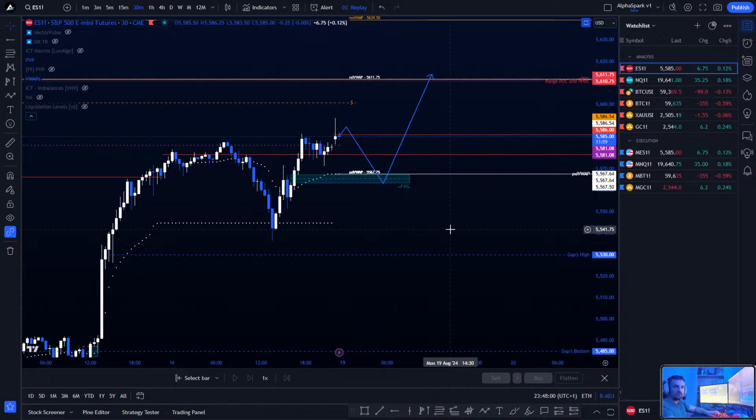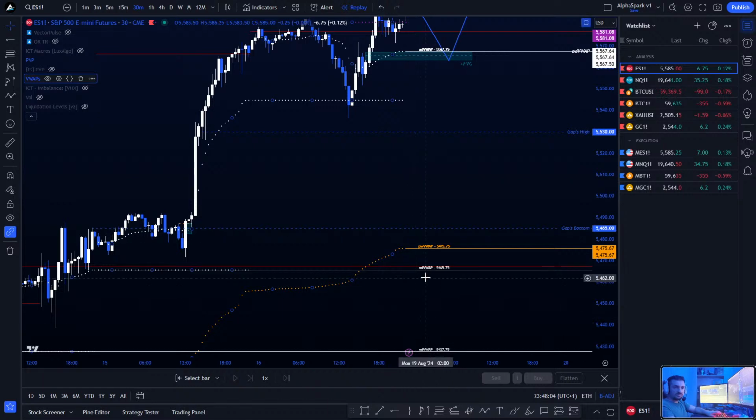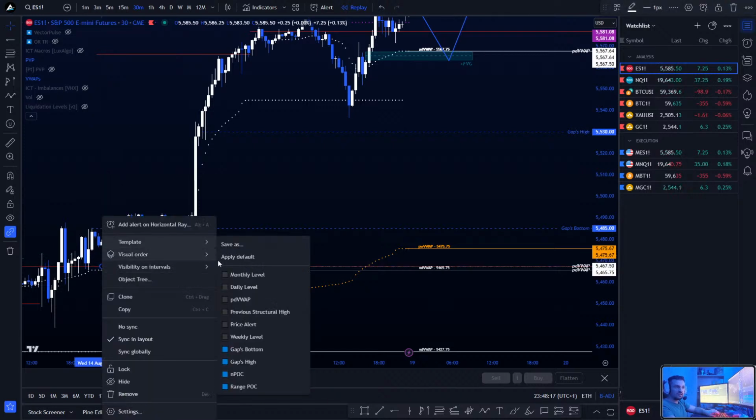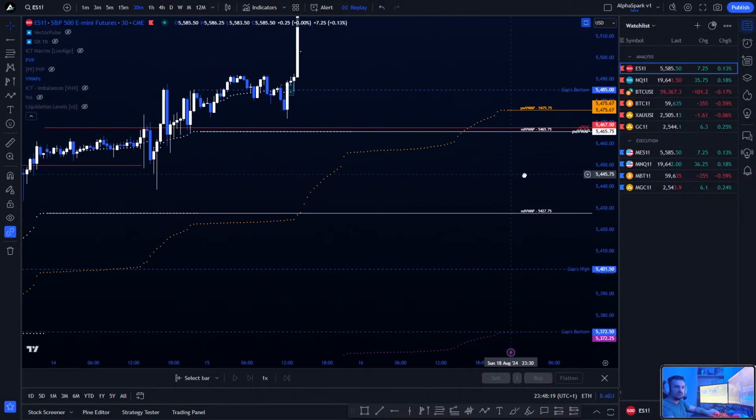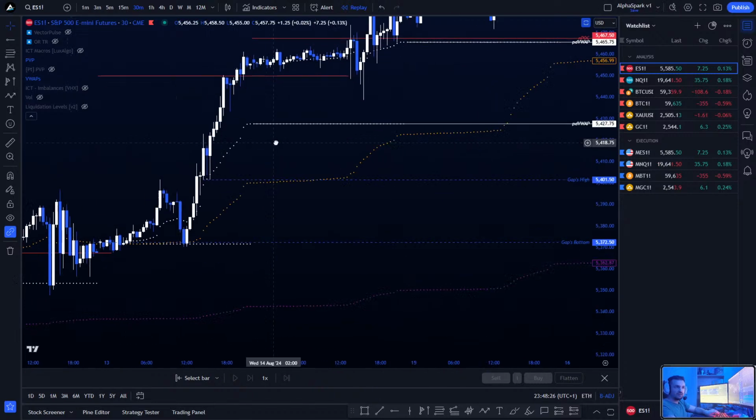That would be cool. And then it's interesting because the ES lately has been having the VWAPs almost at the same place as the naked points of control. Another one there.